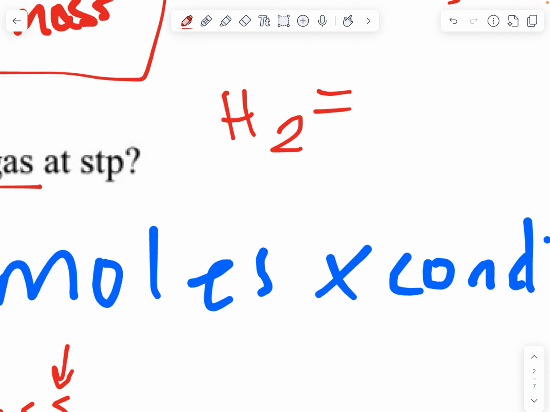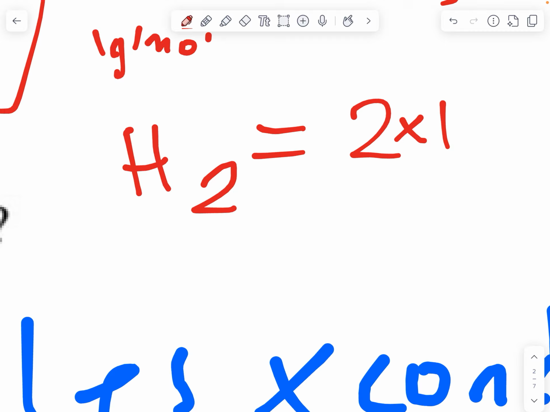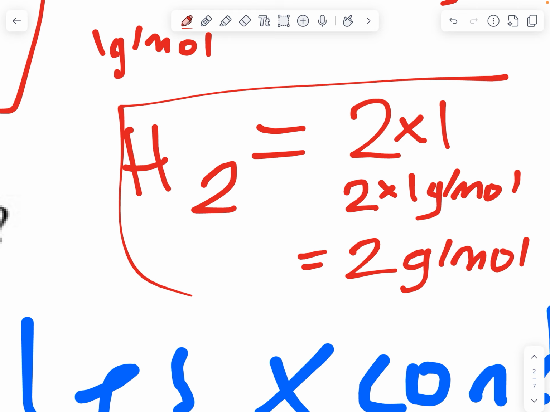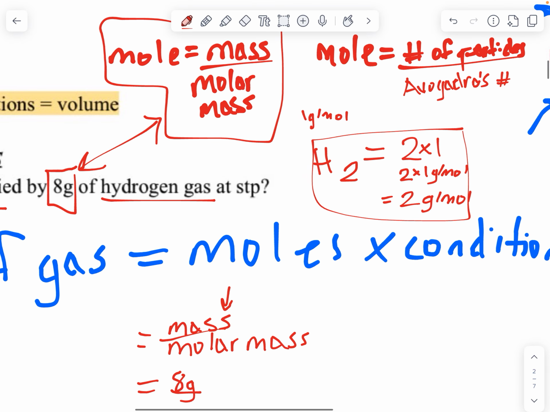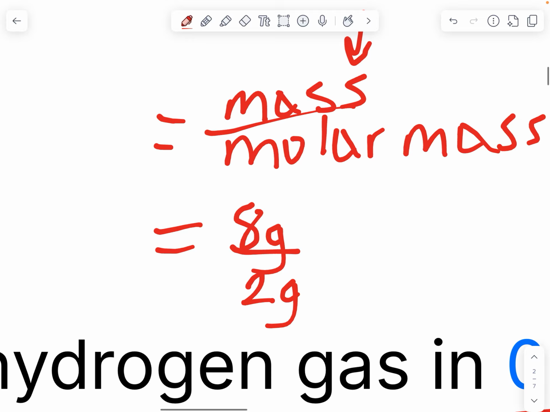We need to solve for the molar mass of H2 gas. We have 2 hydrogens present, so it's 2 times 1. The molar mass of 1 hydrogen is 1 g/mol. So therefore, it's going to be 2 times 1 g/mol, which gives us 2 g/mol. This is something that you always have to look out for. So the molar mass that we're going to use is 2 g/mol.